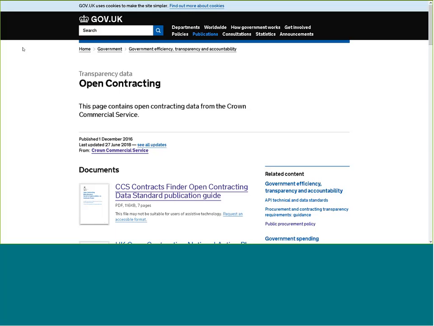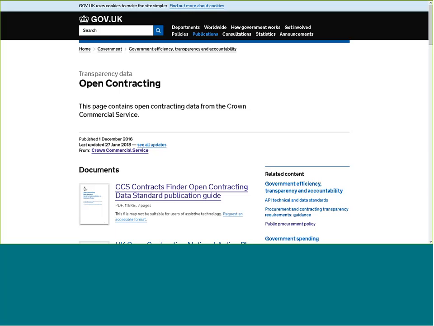We then had to refresh the public contract regulations to align them with the latest European directives, and in doing that, we had a set of commitments around the SME agenda, and that put Contracts Finder on a regulatory basis. So our UK public contract regulations require all non-devolved contracting authorities to publish, and we've got two thresholds. Central government is a £10,000 threshold. Outside of central government, it's 25,000.